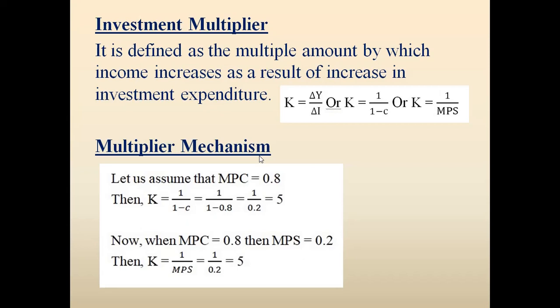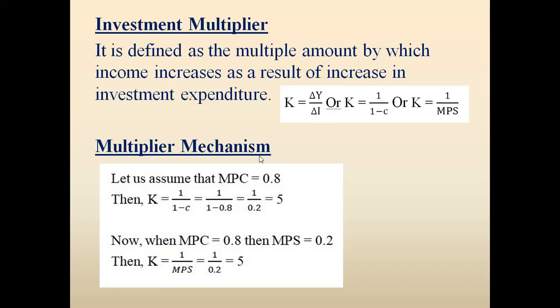Let us assume that MPC is 0.8. That is given in your book, in the table on page number 212. You can see that MPC is equal to 0.8 in the column increase in consumption: 0.8 into 100, 0.8 into 80, 0.8 into 64.